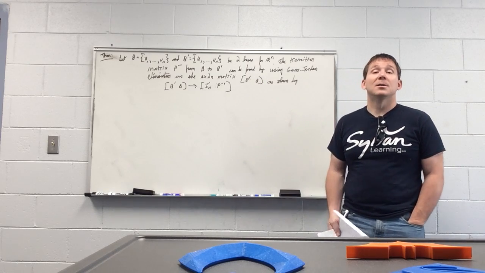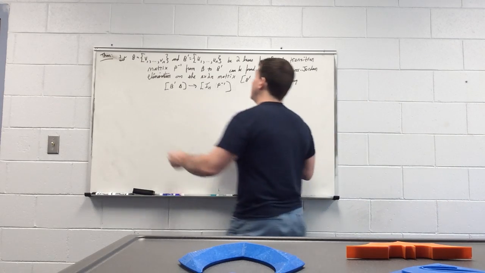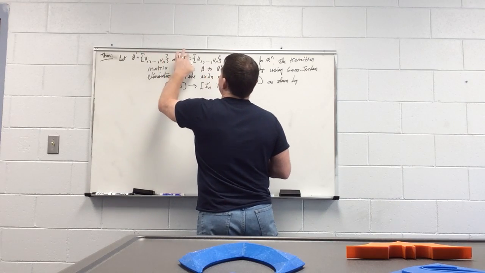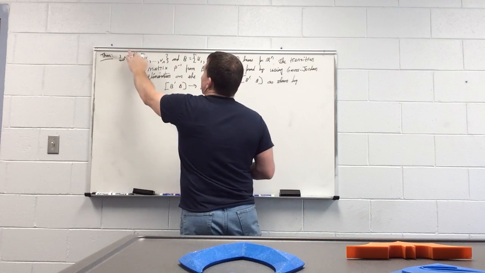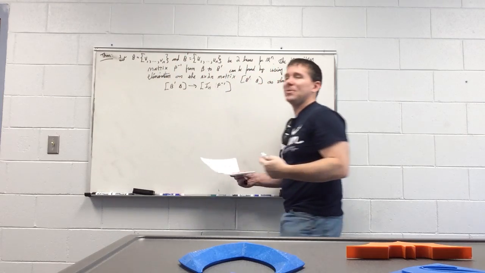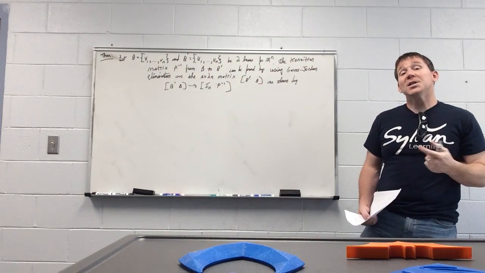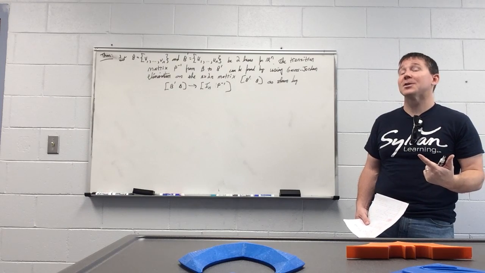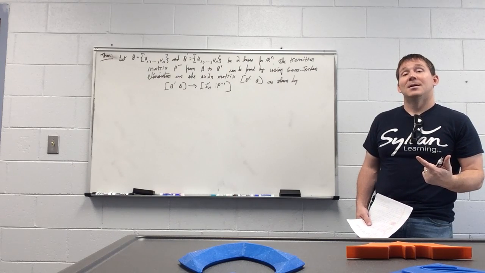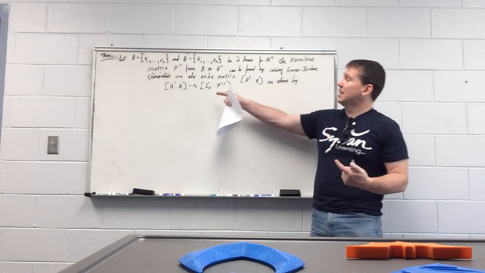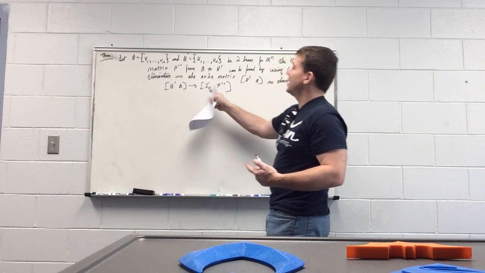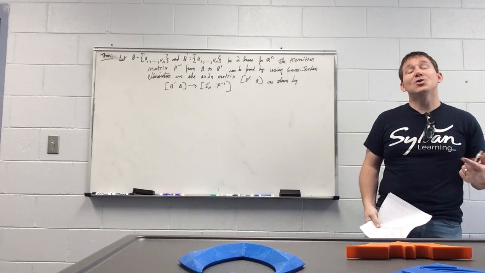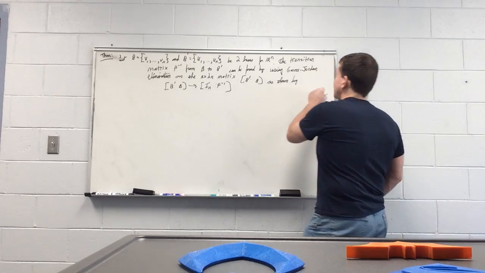Just switch those around, or just write a prime here and no prime there. Again, it's interchangeable. You just have two bases, whatever they are, standard, non-standard, and you do the Gauss-Jordan elimination to turn this to this, and that gets you your transition matrix.